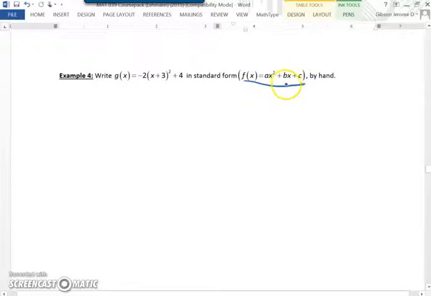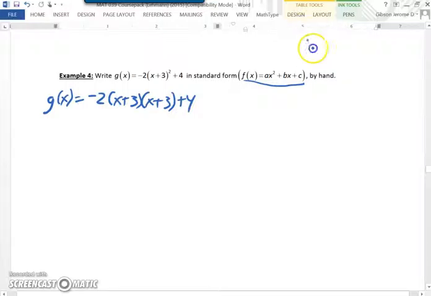So we could get it in this form here. And you can replace the f of x with g of x. So it'll be g of x is equal to negative 2 times x plus 3 times x plus 3 plus 4. Now we could go off to the side and do the x plus 3 times the x plus 3.